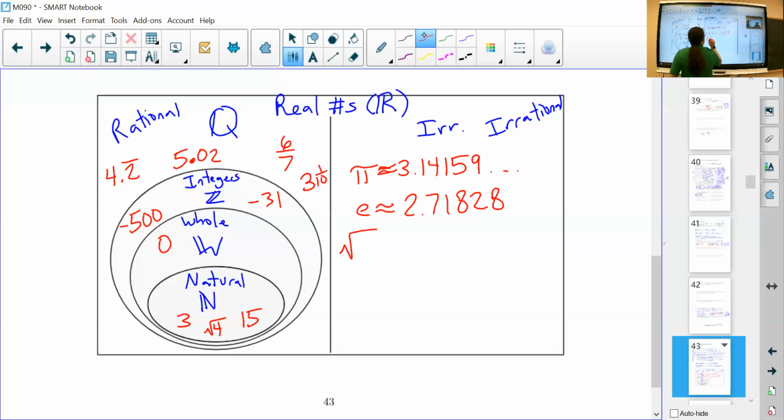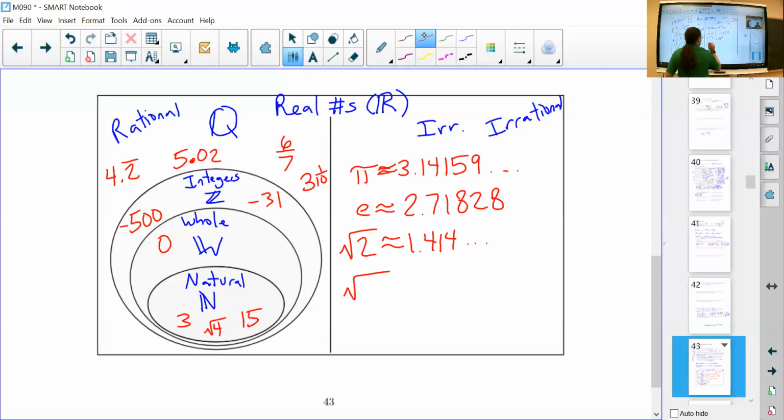Okay, square roots. Square roots that are not nice are irrational. So what I mean by not nice, that's very loose terminology. Square root of 2, that's about 1.414. It doesn't repeat though, and so on.